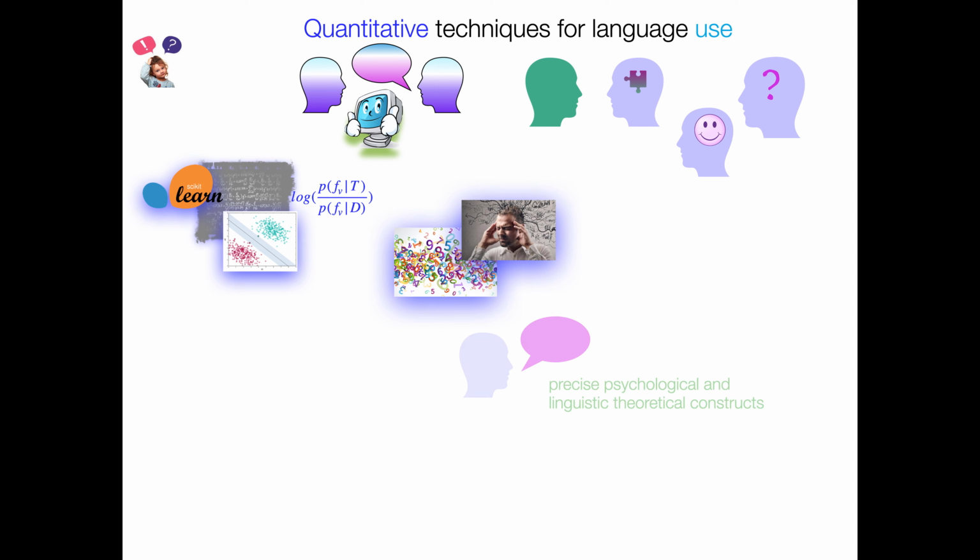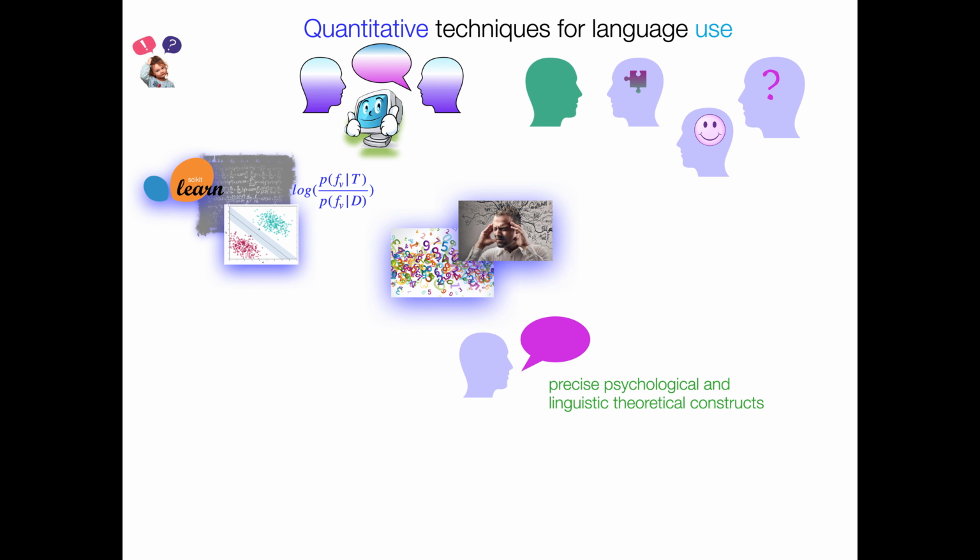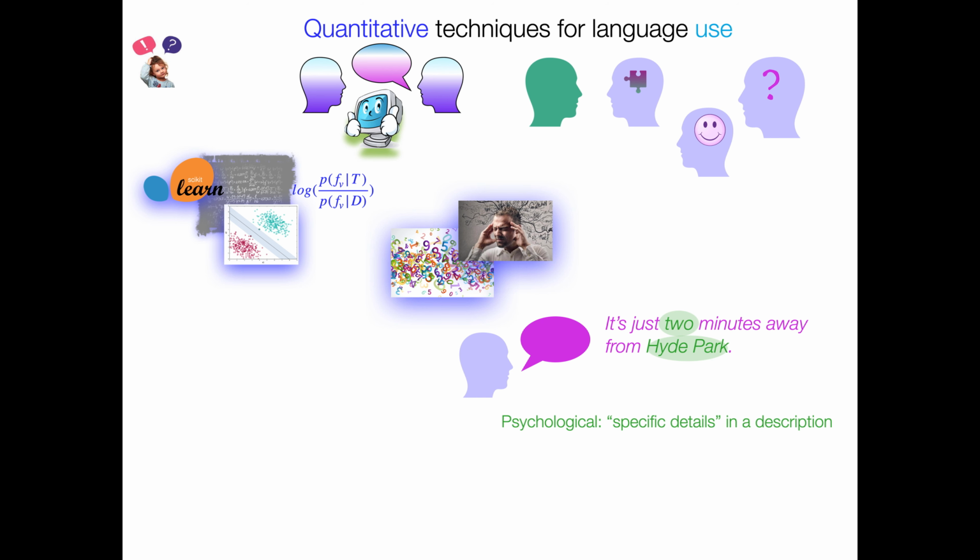And for these kinds of questions about the subtle information in language use, typically what we're counting are constructs, sort of theoretical notions from psychology and linguistics that are very precise. So just to give you a concrete example of this, if we look at "it's just 2 minutes away from Hyde Park" as something someone says, a psychological construct might be something like whatever counts as a specific detail in a description.